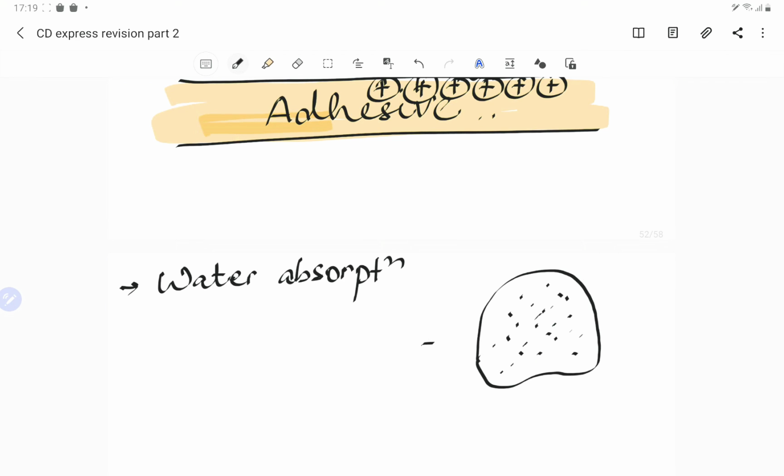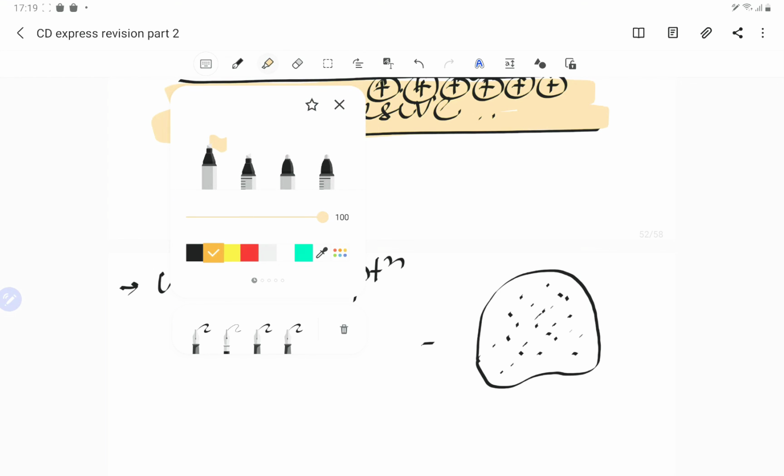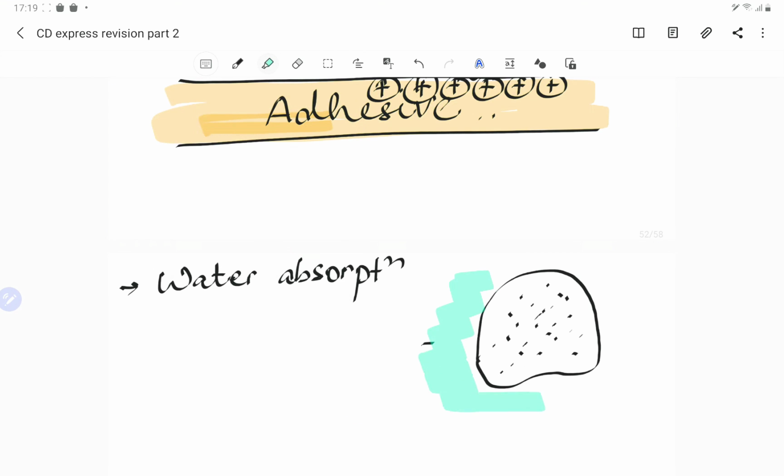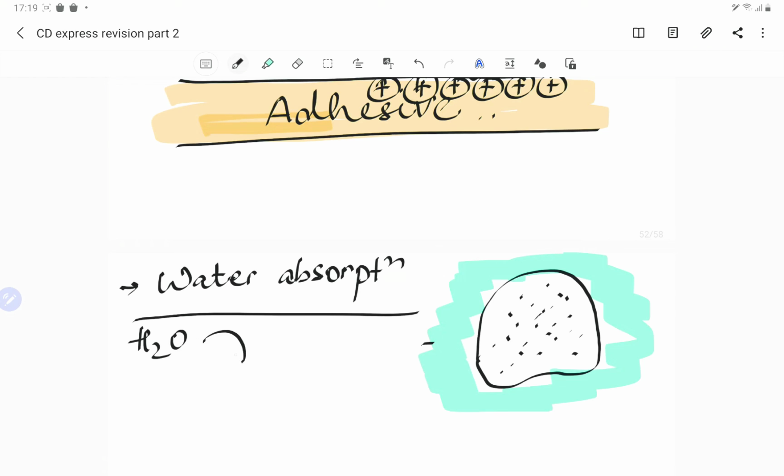Then what happens? This denture adhesive swells up. So it has a property of water absorption. We know that it swells up. So in the presence of water, it is going to swell up to 50 to 150% by volume.